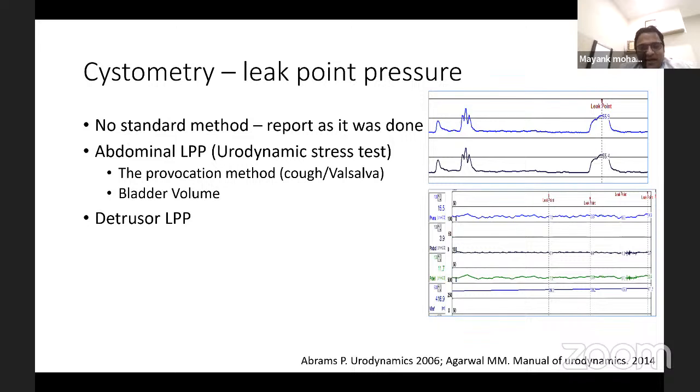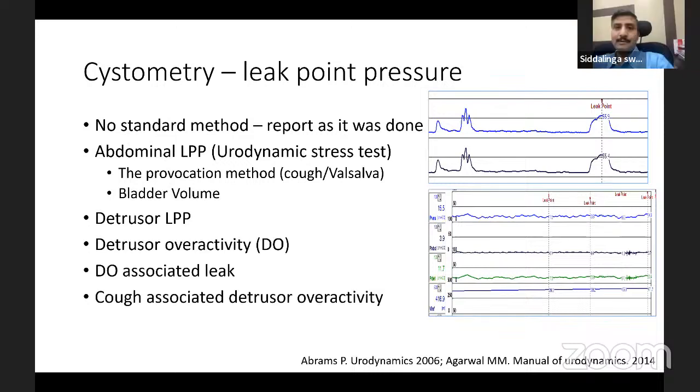So it is a marker. If you have a low DLPP, that means the patient has leaked just when the pressure reached 20 or less. It's a very safe situation. Upper tracts will not get damaged. Whatever extra pressure, it will leak out. If the patient does not leak during a low compliance, or if the patient has a leak point pressure of more than 40, it means that there is a very high pressure and it is going to cause damage to the upper tract. So you have to flag it as a red alert. Right.